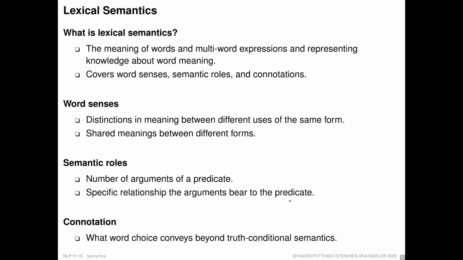It exists already in the so-called common ground of that given discourse, in what is already known about that discourse. So semantic roles will be the roles in the semantic dependency trees. And connotation is the meaning that the word conveys beyond the truth conditions. So exactly that association that cannot be captured by true or false.